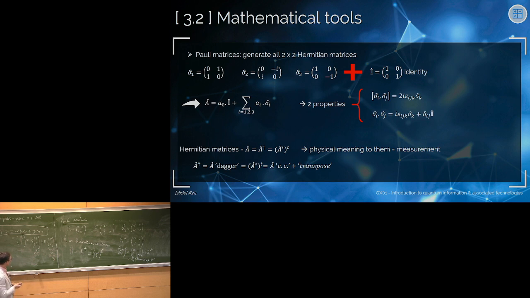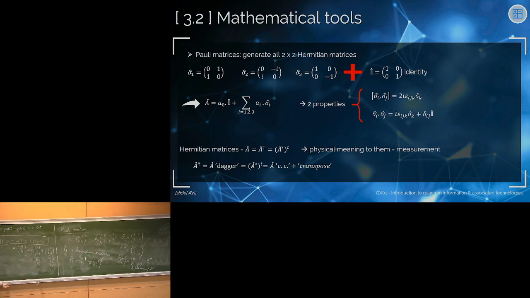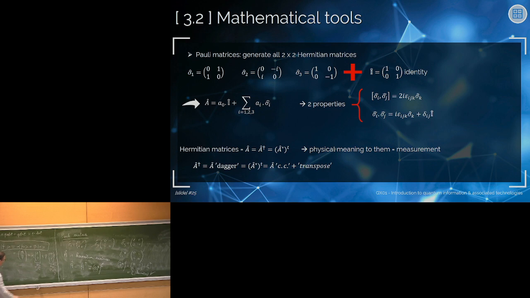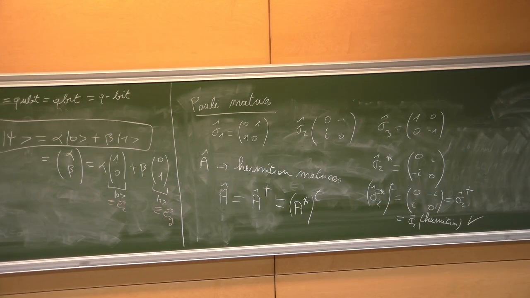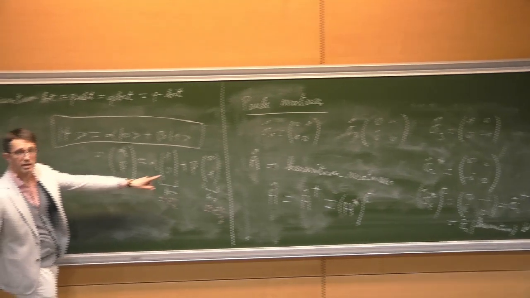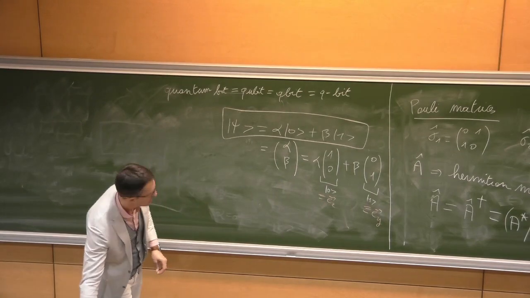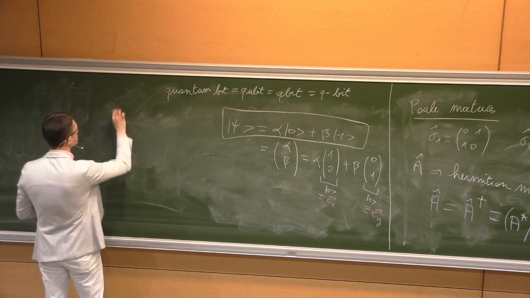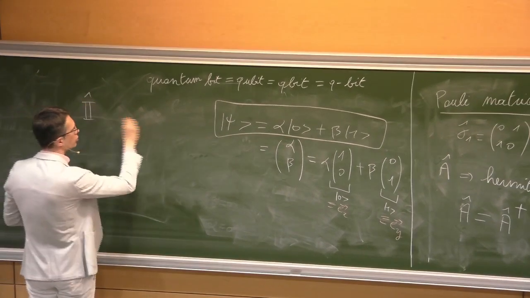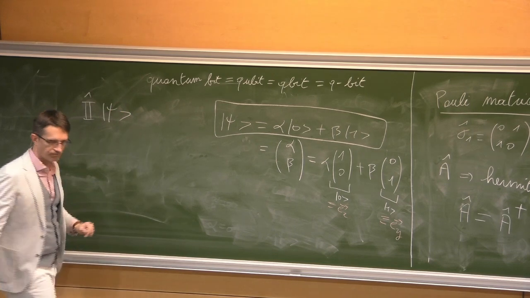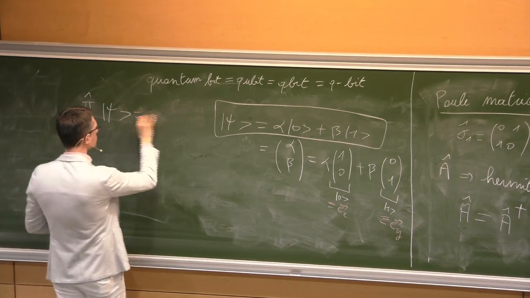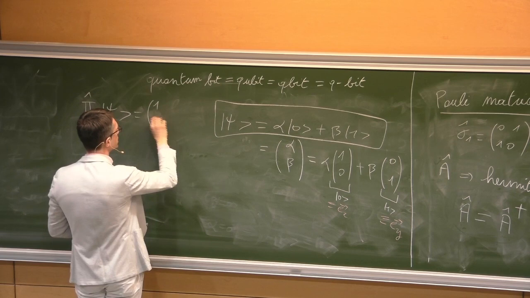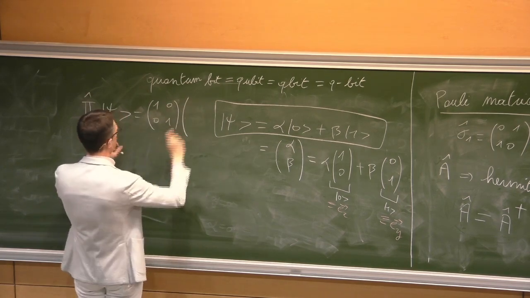Right, so let's have a look at what it does. I start from my qubit. I will write it with this notation. Now if I apply the identity to my qubit psi, I have the identity matrix, and I have alpha beta.